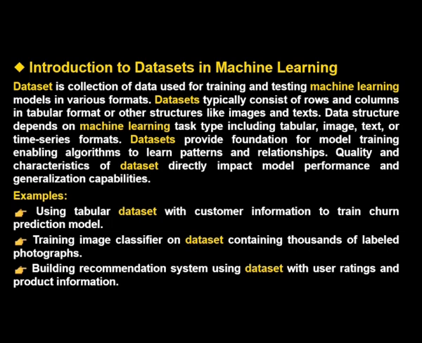Images are stored as pixel matrices, and stock prices are stored as time series data. Datasets provide the foundation on which models learn patterns and relationships. If the dataset is poor in quality, incomplete, or biased, even the best algorithm will fail to give a good result.